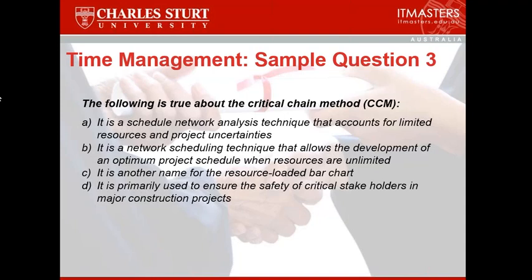The correct answer to this one is yes, it is a schedule network analysis technique that accounts for limited resources. You remember we said that critical path doesn't take care of critical resources, and it also takes care of project uncertainties. This is not an easy question, I accept that. They use the word buffer or something like that in the answer there.